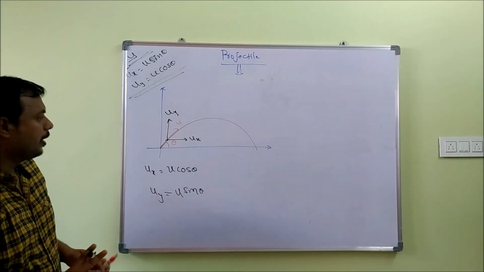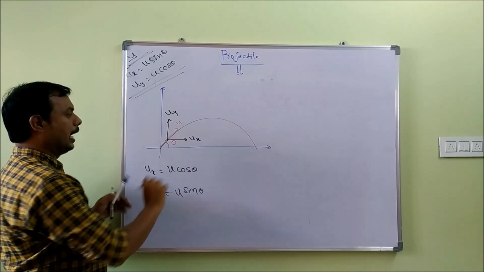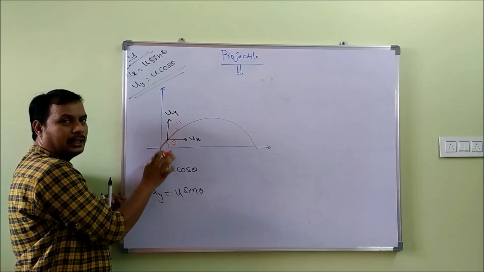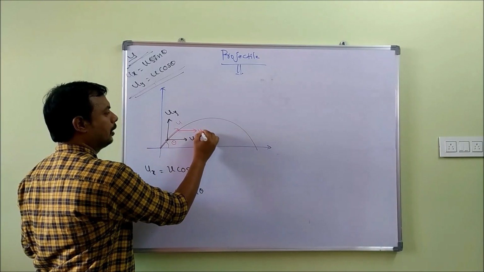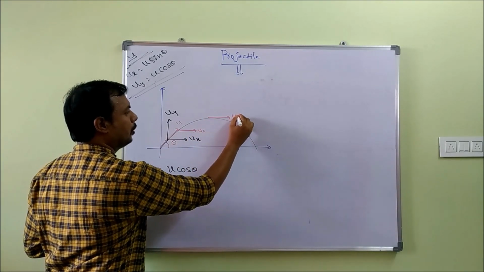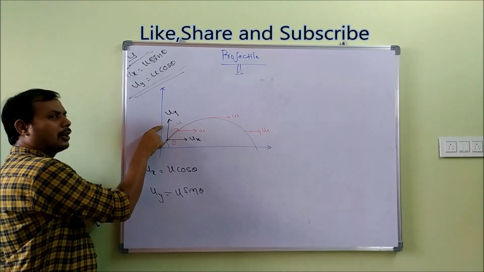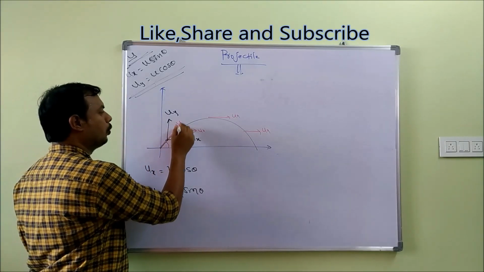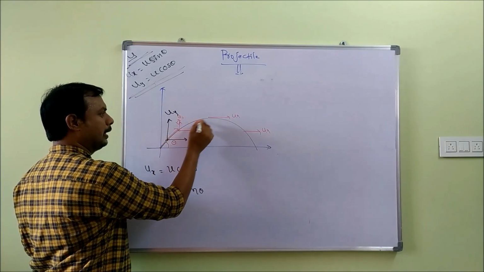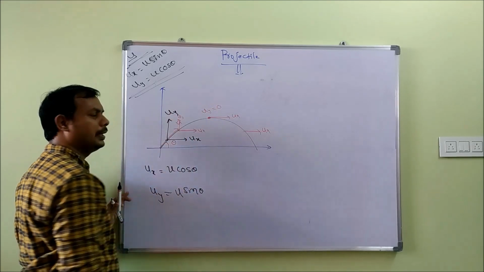Now, ux is unaffected by the acceleration due to gravity. So there is no change in ux along the motion, but the vertical component is affected by gravity, so the uy value decreases, and at the maximum height the vertical component is 0.